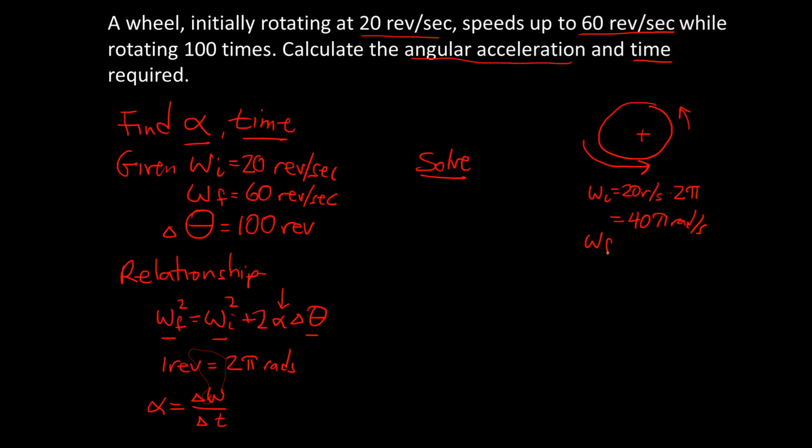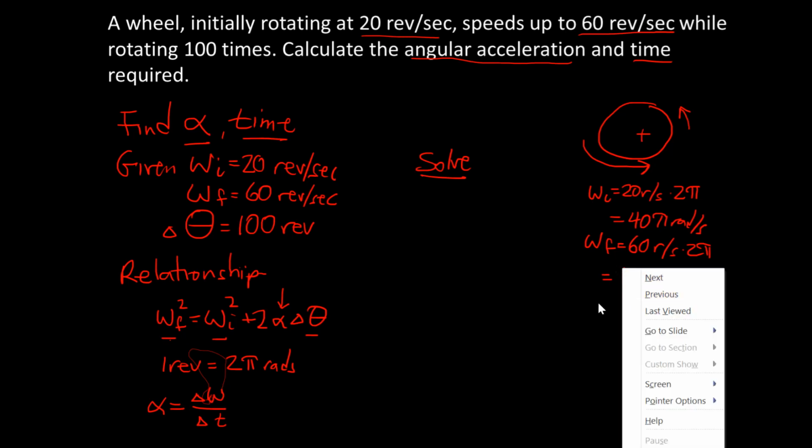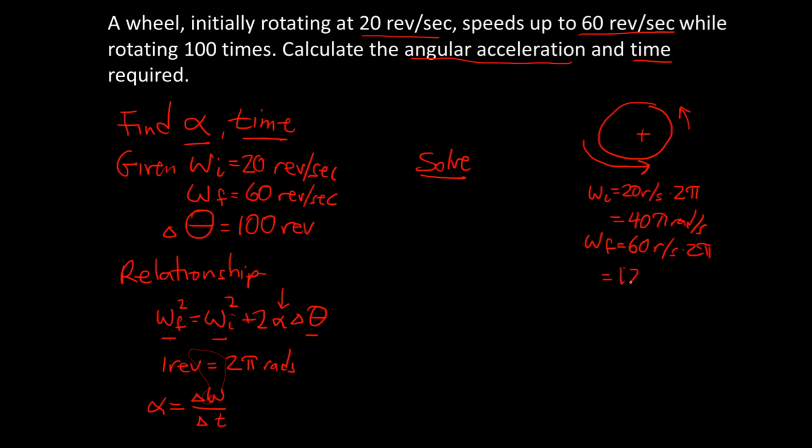Our final angular velocity is 60 revolutions per second times 2 pi, which is 120 pi radians per second.